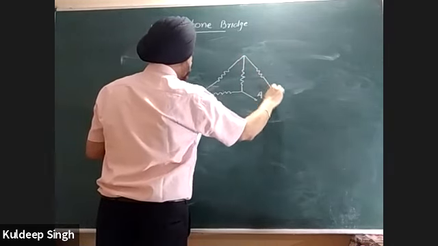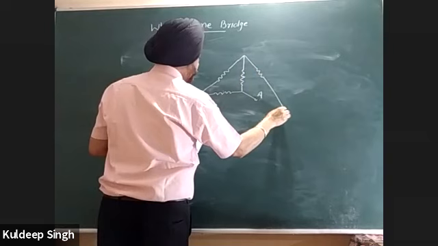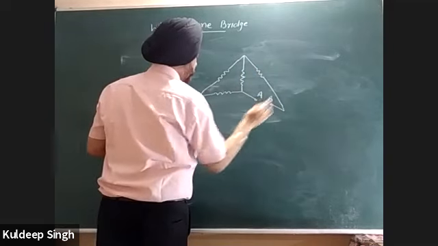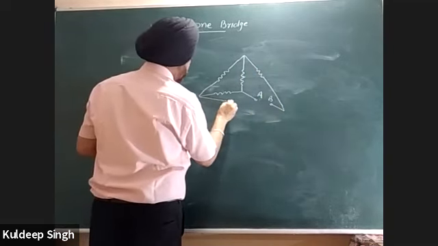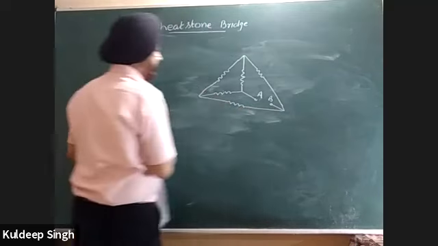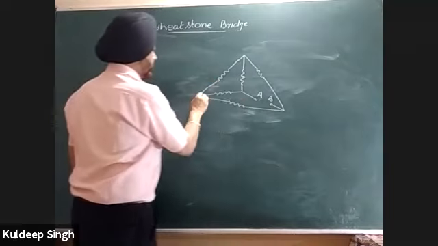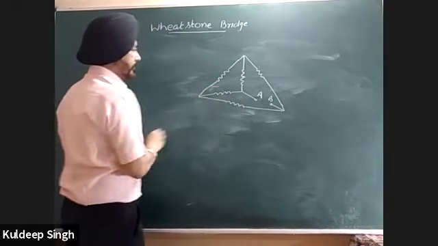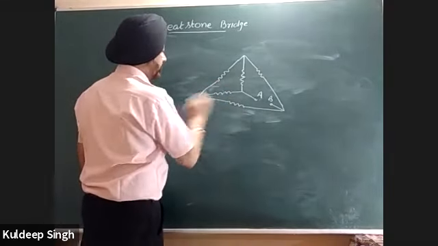This is the point B, and you are given another resistance. So again, there are 5 resistances: 1, 2, 3, 4, and 5.